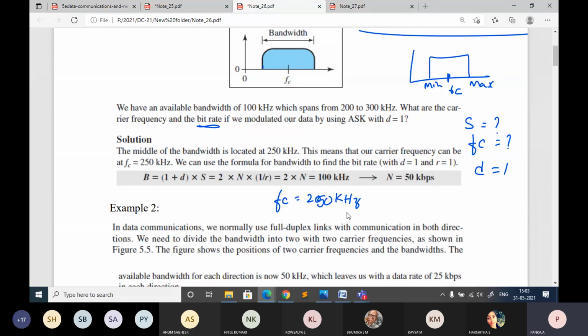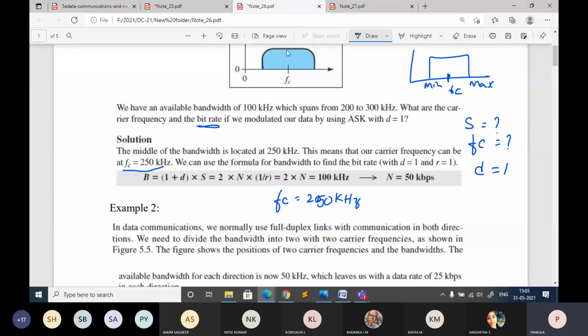That is the carrier frequency used. You can just directly write, FC is equal to 250 kilohertz. For that you need to understand how it is calculated. They have given the min and max, and from that you will be able to take the midpoint value. That is the frequency used for generating the carrier signal.